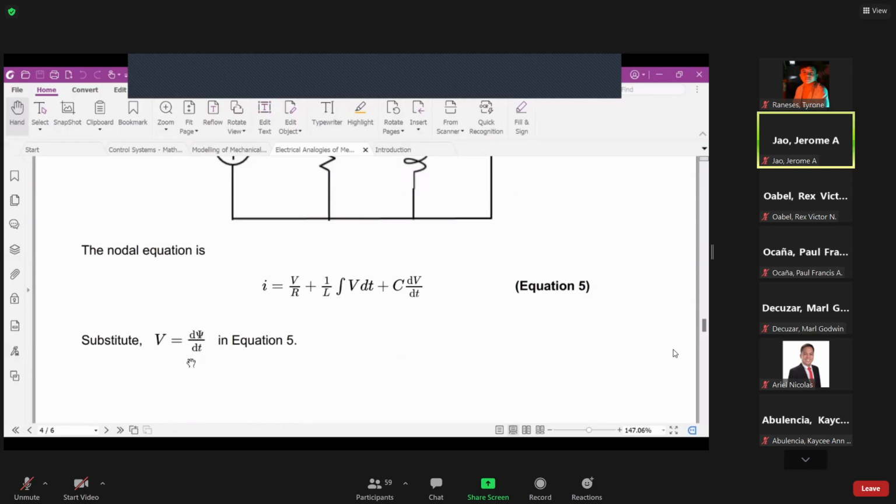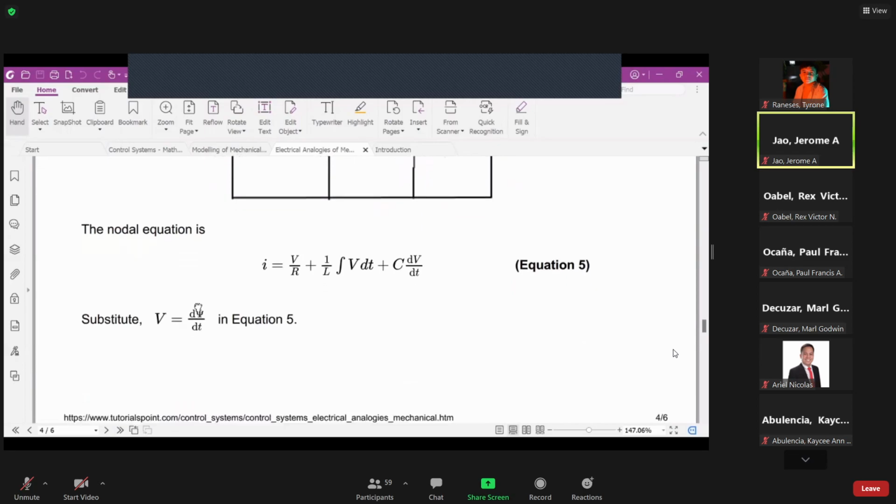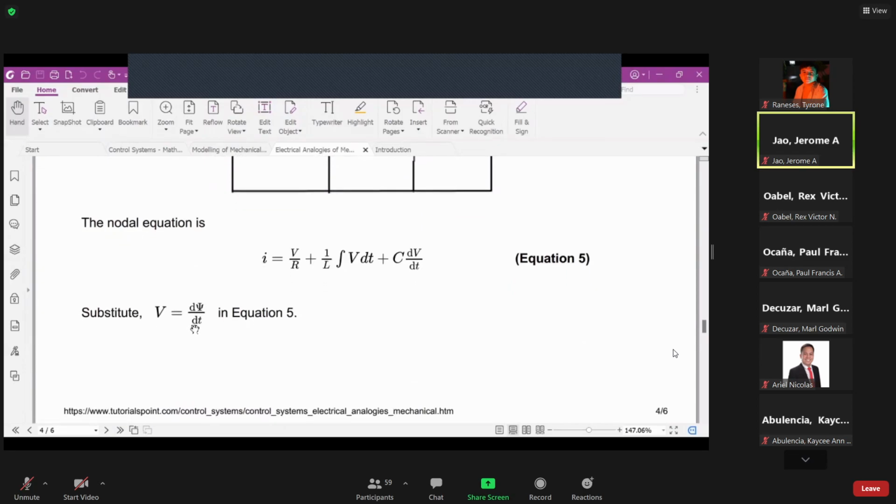So therefore, when writing it into a differential equation, you have this voltage is equivalent to what? To dG all over dt, or this is the flux, d flux or dG all over dt. So transfer this equation, substitute this dG all over dt. So makukuha natin itong mga V lang naman ang babaguhin natin.